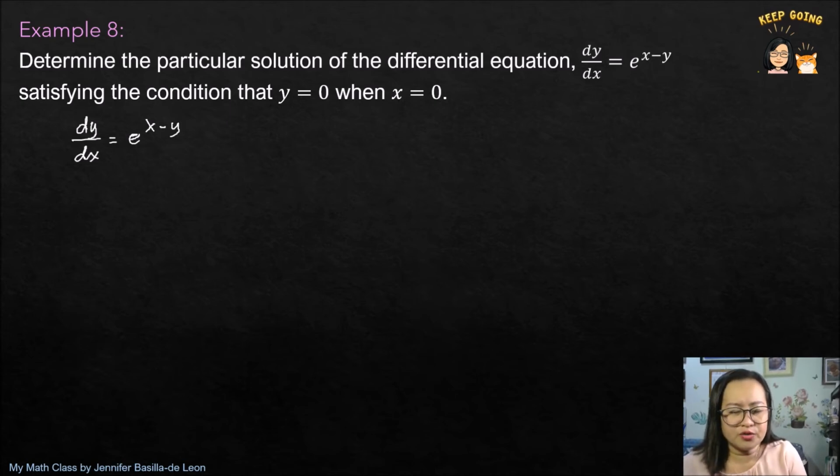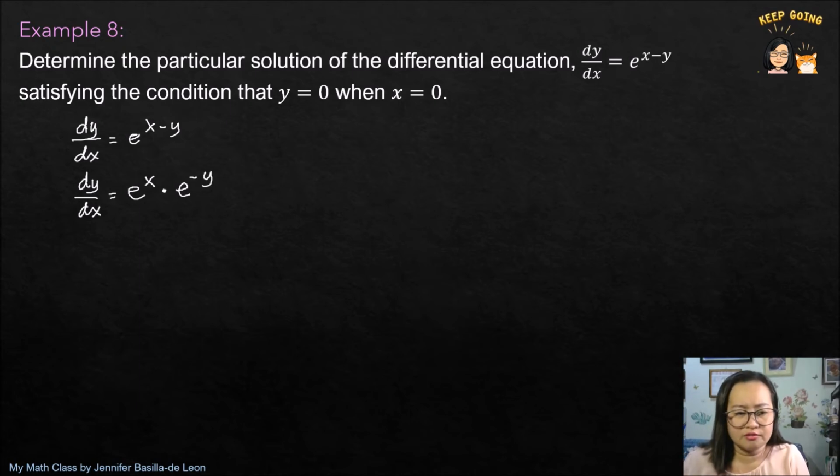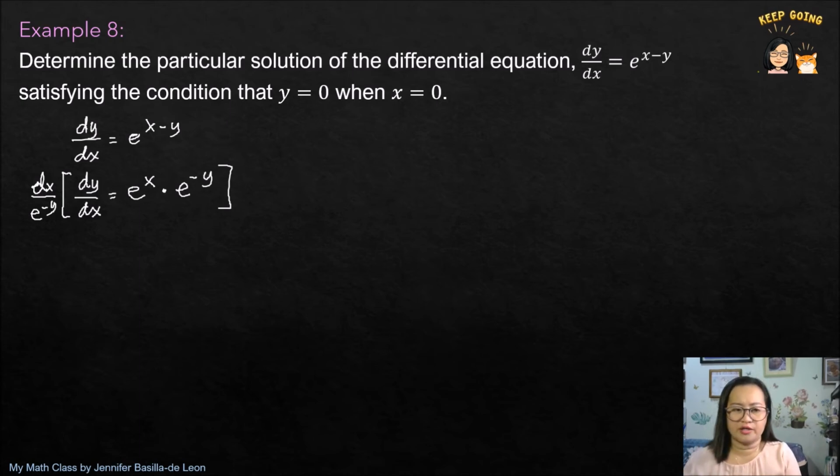Now applying the rules, or the law of exponent, we can rewrite the expression at the right side into e raised to x times e raised to negative y. And then we multiply the equation by dx over e raised to negative y.